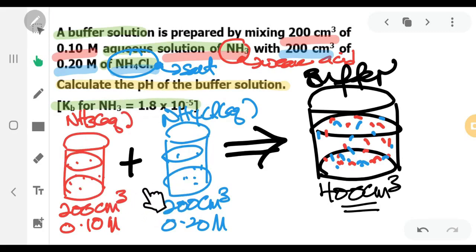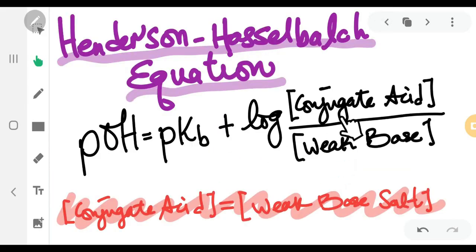Usually students will take these concentrations of the weak base and also the salts and plug them directly into here, and that is incorrect, because the concentration that we are referring to right here will be the concentration for the volume of the buffer.